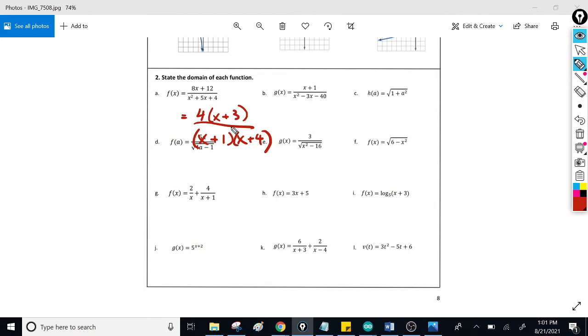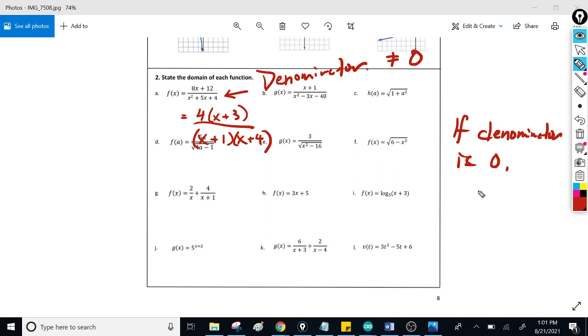So in order to have a solution for a function, the denominator can never be 0, because if the denominator is 0, you are looking at undefined.